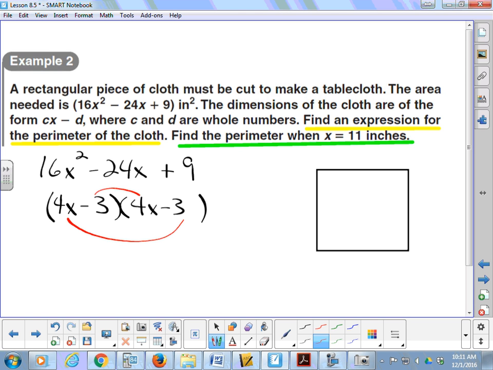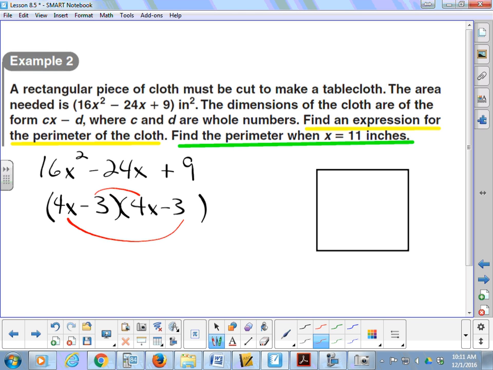One of the ways you can check to see if it's a perfect square trinomial is to write them like this, multiply these two, and double the result. If that gives you the middle term, I'm golden. What's 4 times 3? 12. And if I double 12, what do I get? 24. So this is a perfect square trinomial. Write what you think it is, multiply those two numbers together, and then double them.